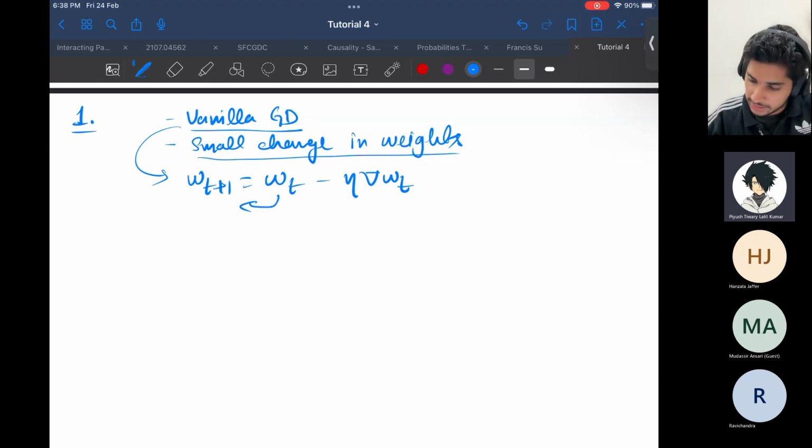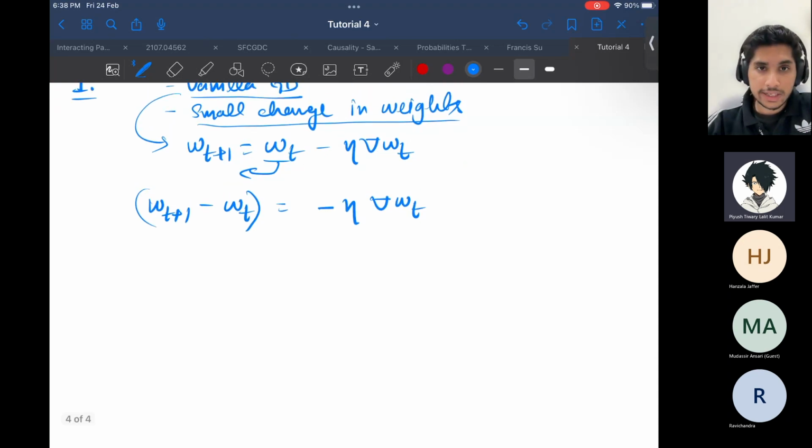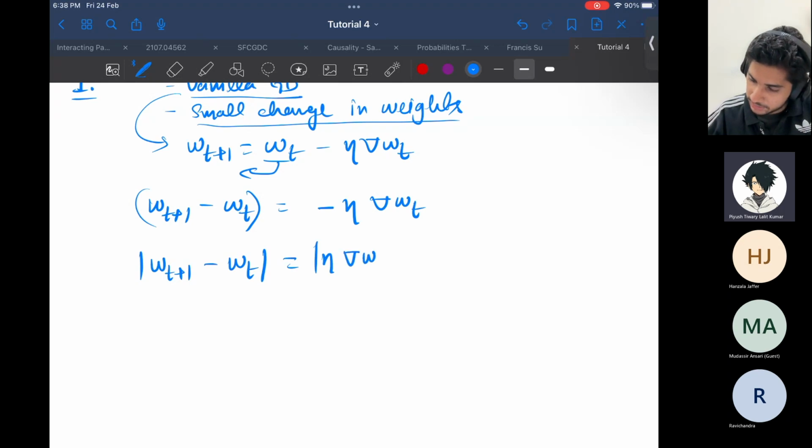You can calculate it by taking this term on the left hand side. This will become w_{t+1} minus w_t equal to minus eta times gradient of w_t. Since we are only talking about the change and not the sign, we can take the mod on both sides. So mod of w_{t+1} minus w_t will be mod of eta times gradient with respect to w_t.